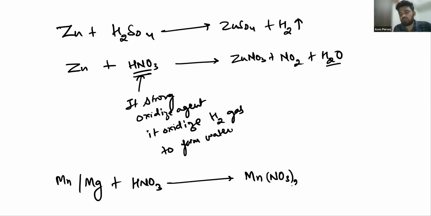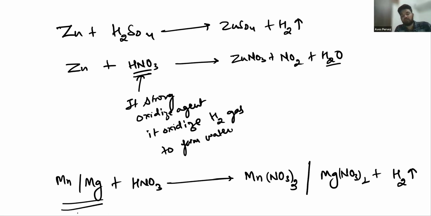If it is manganese, then Mn(NO3)3 will be formed. If it is magnesium, then Mg(NO3)2, magnesium nitrate, plus hydrogen gas will be formed. So these are the two metals that react with HNO3 and can produce hydrogen gas. So note it down, this is an important thing.